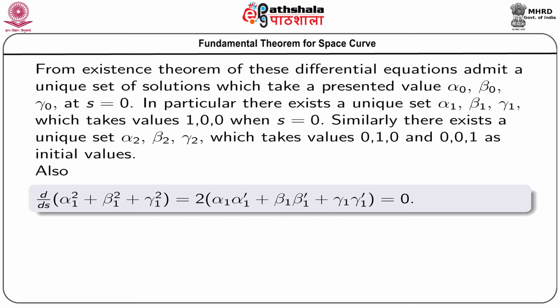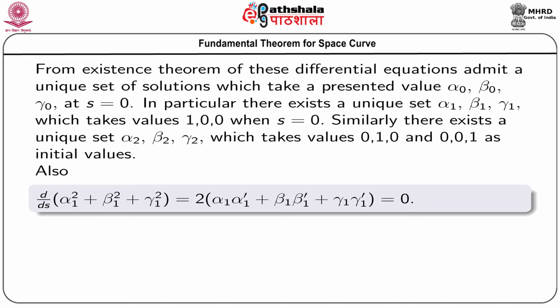satisfies this relation, that d/ds of (alpha 1 squared + beta 1 squared + gamma 1 squared) equals twice alpha 1 alpha 1 dash, where alpha 1 dash is the derivative of alpha 1 with respect to s.